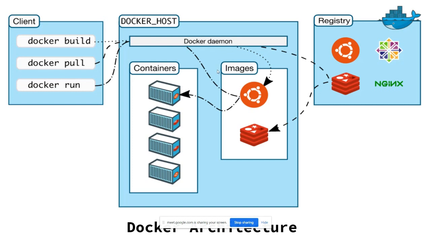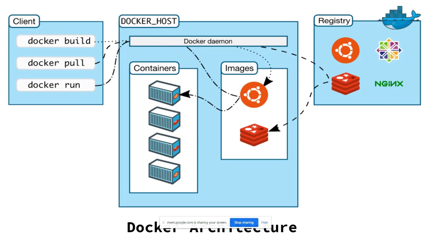Abhishek, sorry to interrupt. You are saying the client has one agent where the Docker build, Docker pull, and Docker run services are running on their machine? Yeah, actually, once you install Docker on the client, you are good to go with the Docker commands.